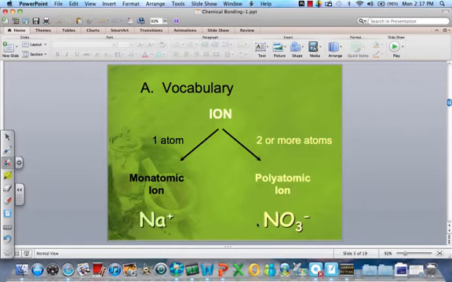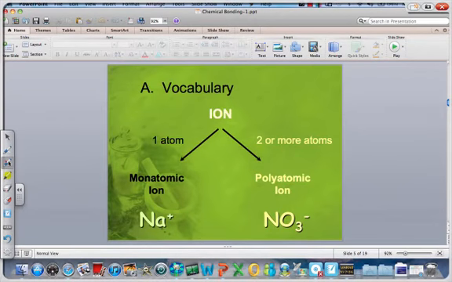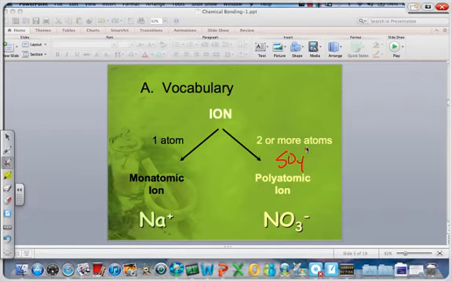So NO3, all these right here, when they're chemically combined, they have a -1 charge. Another example of a polyatomic would be SO4 with a 2- charge. So sulfate right here, SO4, this whole molecule has a -2 charge. So polyatomic is when you have more than one atom and it has a charge as a molecule.